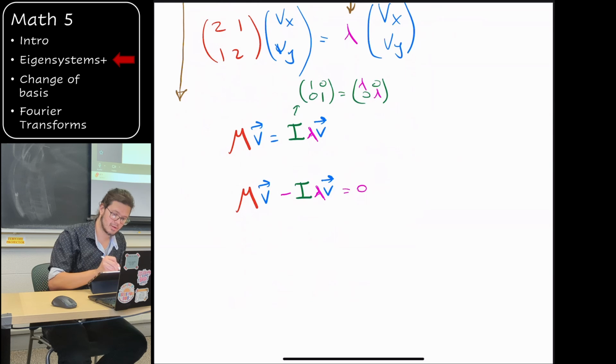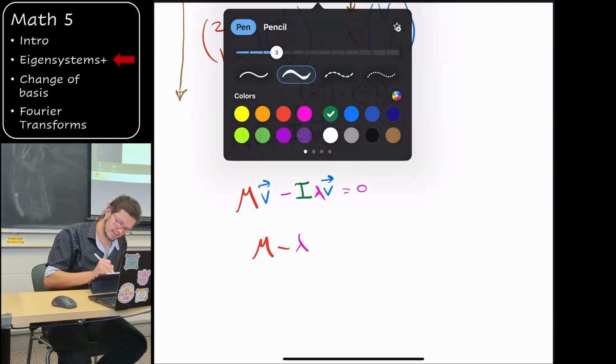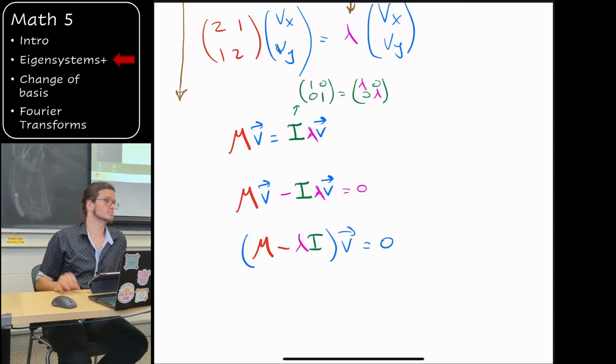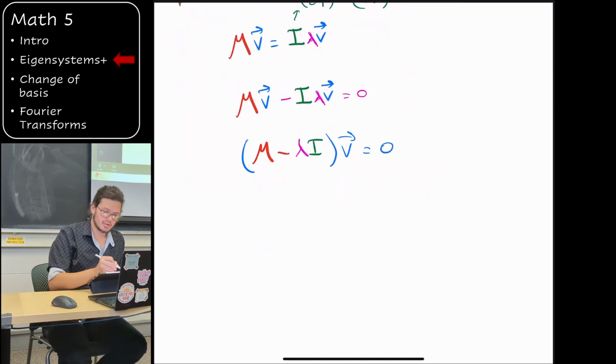Look what I'm going to do now. I'm going to say, that means that the matrix M minus lambda times the identity, all of this matrix, when I apply it to the vector V, gives me 0. This tells you this is a very naughty matrix.